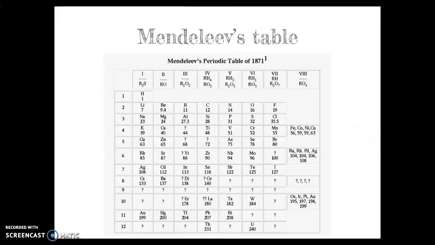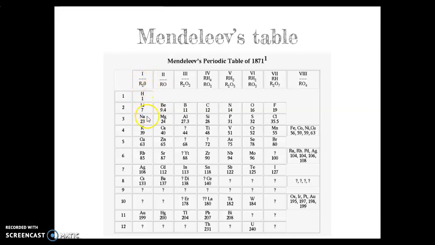So this is an example of what Mendeleev's periodic table looked like, one of his first periodic tables. And you can see there are similarities to our modern periodic table. So you have a group of elements that form one bond with oxygen, like hydrogen forms water, H2O.